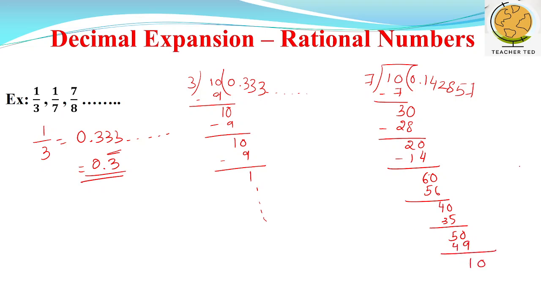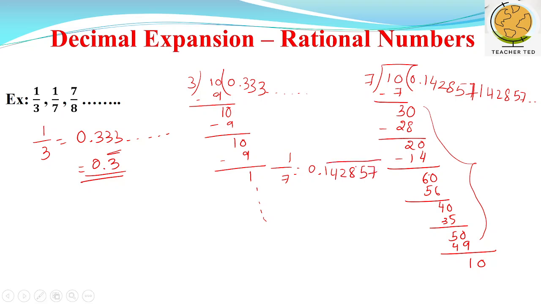If you substitute 0 here, you can see we started with 1 and we end up with 1, and the expansion we have done till here will repeat again. If you do the division again, it will start with 1, 4, 2, 8, 5, 7. It will go on like this. So I can write 1 by 7 as 0.142857 whole bar.